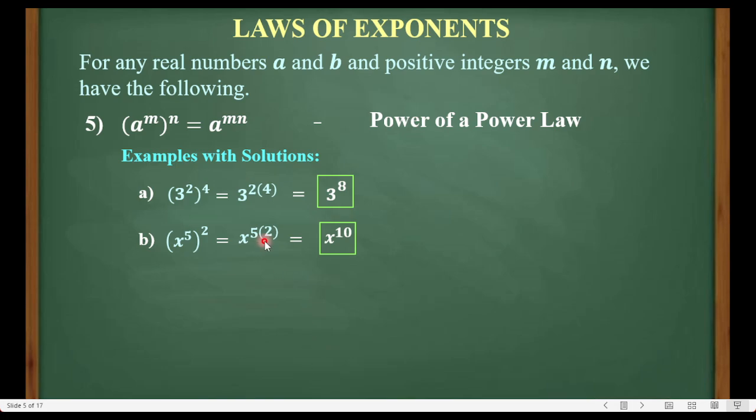Okay. Next, letter C. How about this one? The quantity negative r to the 5th, raised to the 3rd power. So we have negative 1 raised to the 3rd power times r to the 5th raised to the 3rd power.